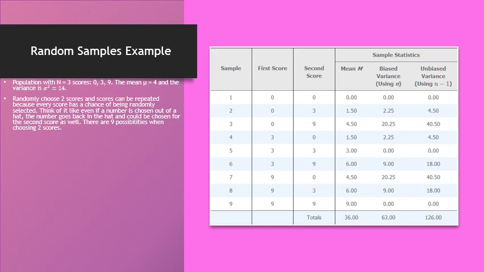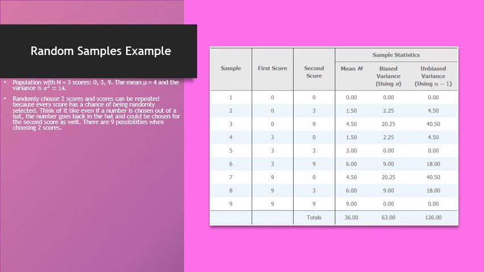When we're choosing 2 scores, notice over here, they did 9 possibilities. In the first sample, shown in the diagram, the first score chosen was a 0, and the second score was a 0. The mean of that sample is 0, the biased variance, where we used n in the sample calculation, was 0, and the unbiased variance, where we use n minus 1, like we're supposed to for a sample, gave us 0.